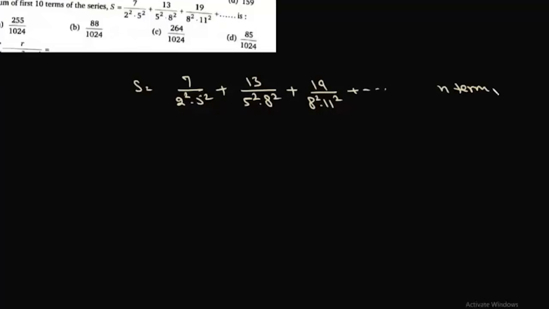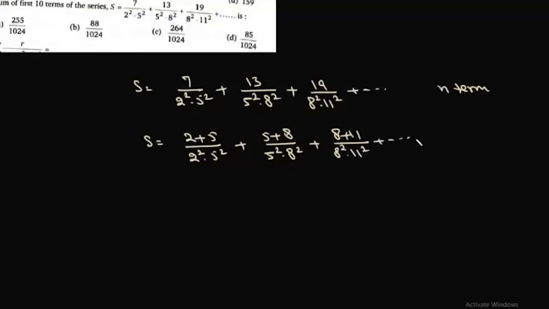Now we can write this series S as, now 7 is 2 plus 5, so it will be 2 plus 5 upon 2 square into 5 square. 13 is 5 plus 8, so it will be 5 plus 8 upon 5 square, 8 square. This is 8 plus 11 upon 8 square into 11 square up to n terms.